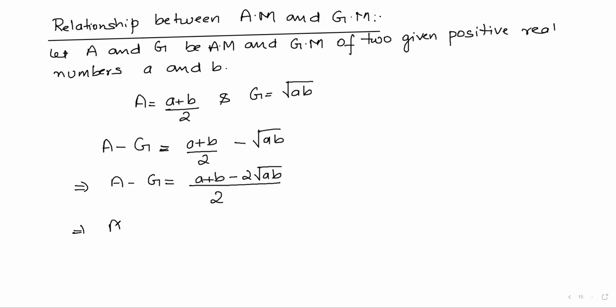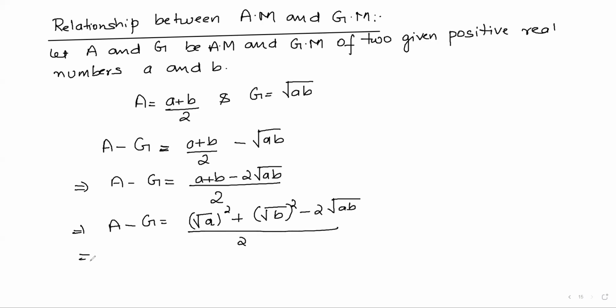So we can write A minus G as (under root a square plus under root b square minus 2 under root ab) by 2. So this is A minus G, and what is this? (root a minus root b) whole square by 2.